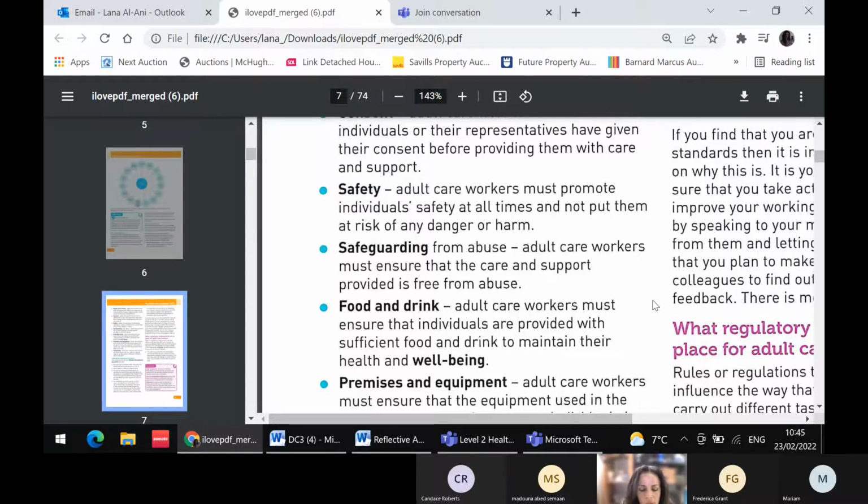And in terms of food and drink, an adult care worker must always ensure that your client always has sufficient food and drink, and also make sure of their well-being.